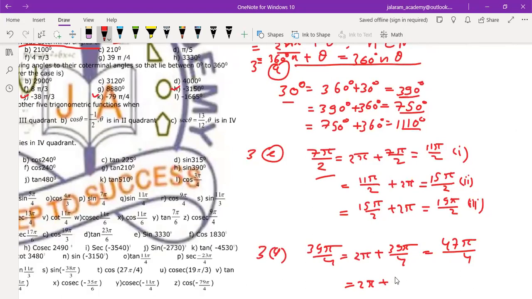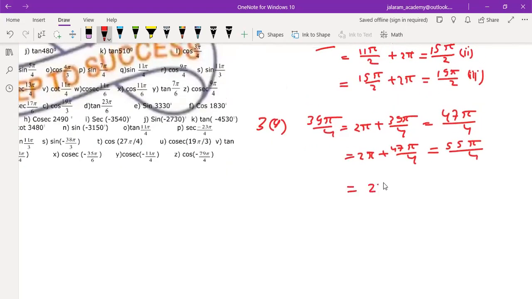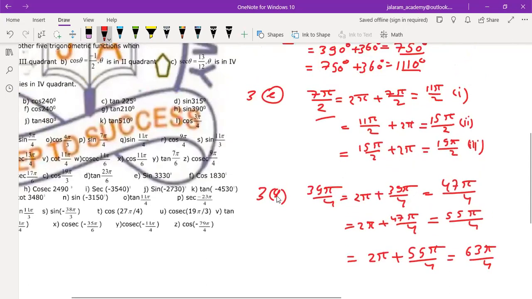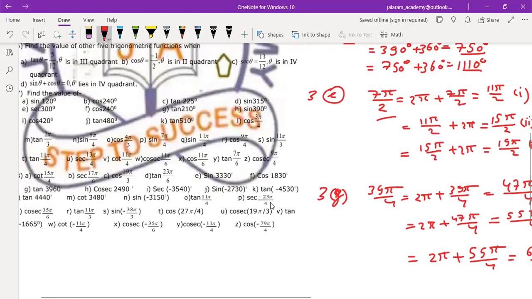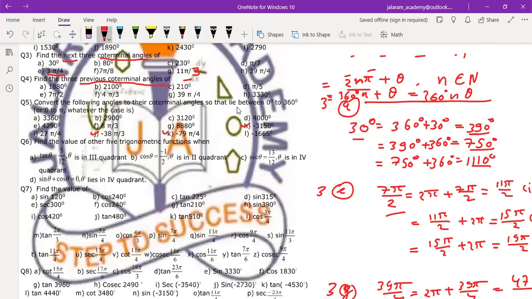Again 2 pi plus this 47 pi by 4: 8 plus 47, 55 pi by 4. Again 2 pi plus 55 pi by 4: 8 plus 55, 63 pi by 4. All these are the coterminal angles of 39 pi by 4.